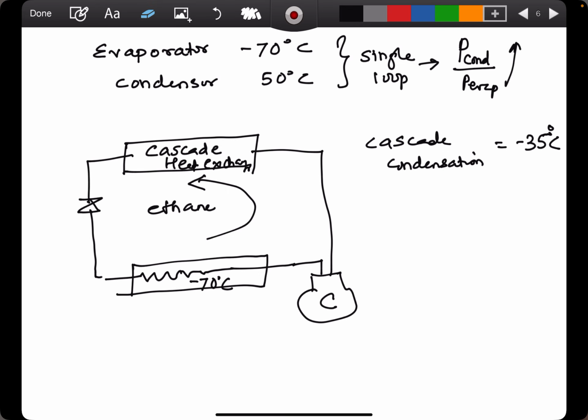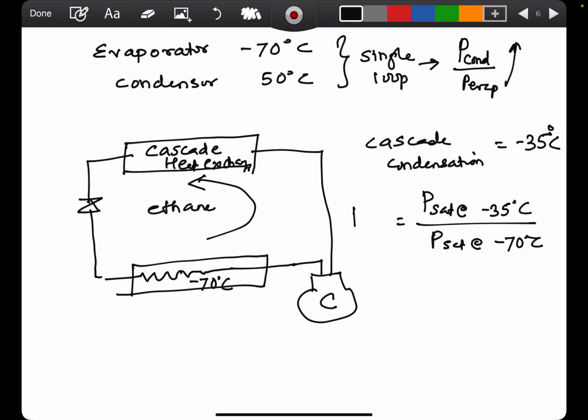For this lower loop, the low temperature cascade, the pressure ratio would be Psat corresponding to minus 35 upon Psat corresponding to minus 70 degrees centigrade. This would be the pressure ratio of the low temperature cascade.